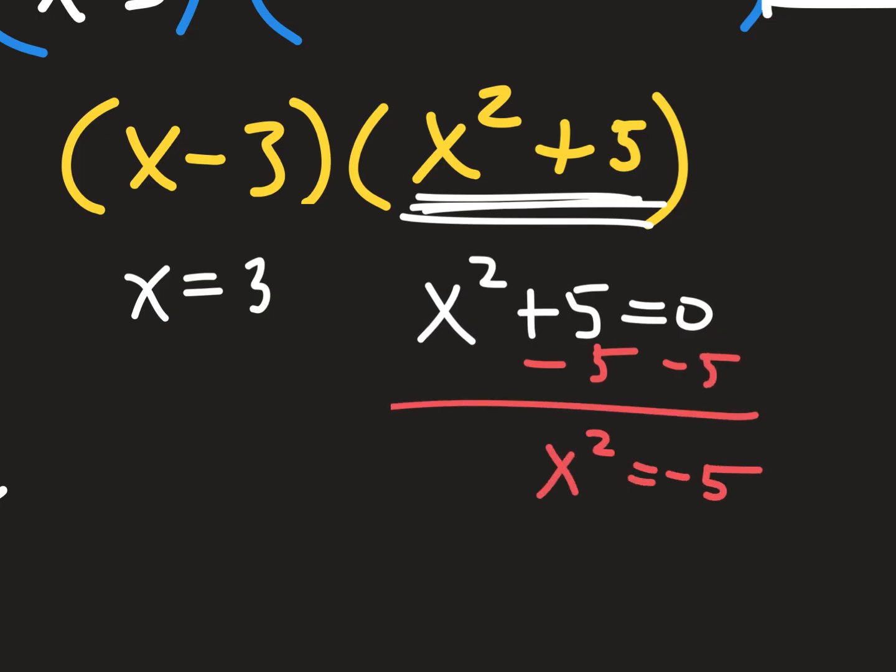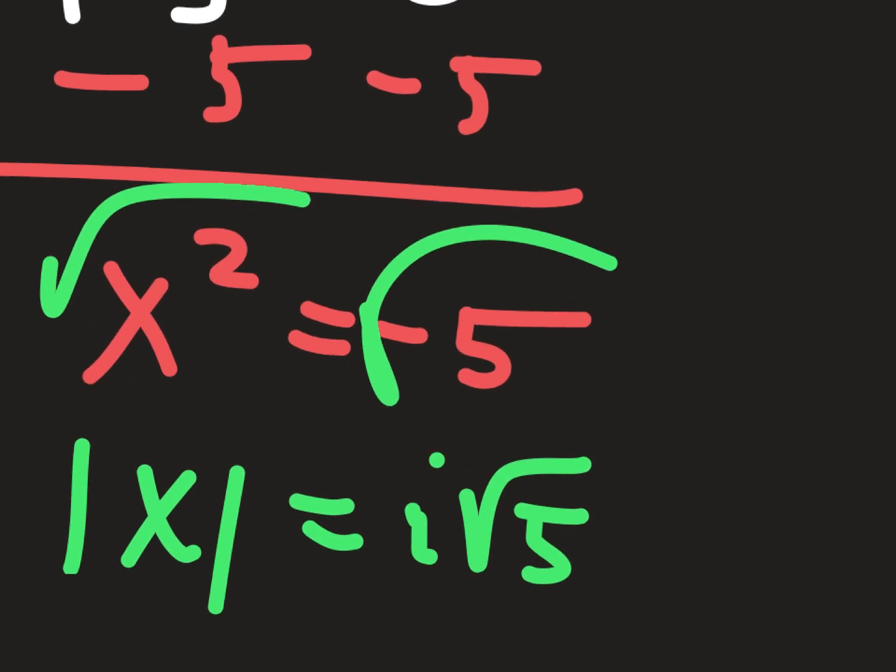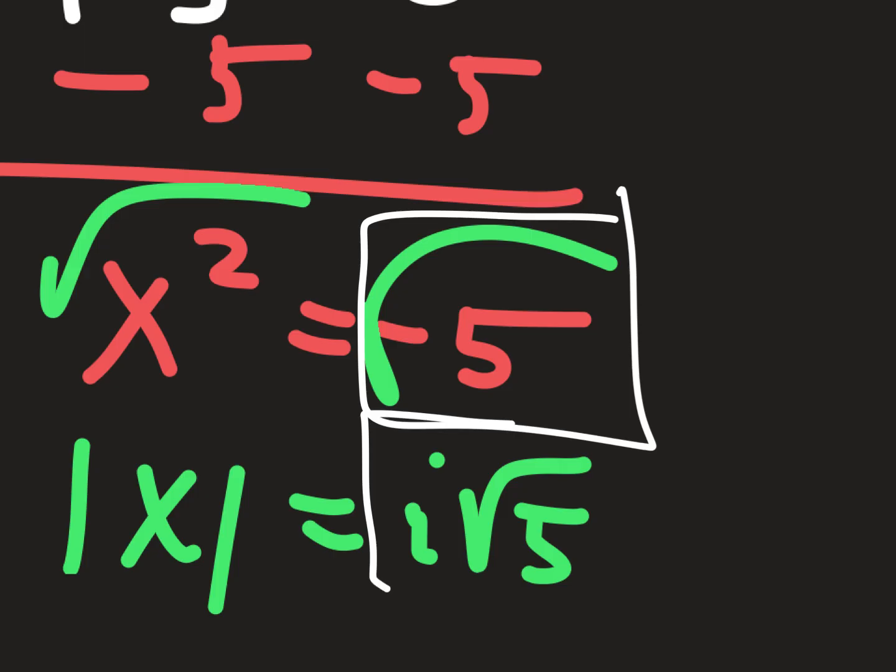I agree, and then we square root it like you were saying, and then absolute value of x equals, what's this next part? It would be, positive or negative, i square root 5. I square root 5 is correct, but don't put the plus or minus there. Here's why. What you're trying to do is say this is equal to this, and it is.